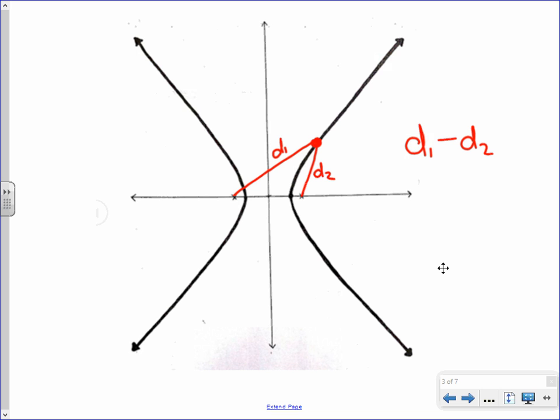You'll probably want to use centimeters. And find those two distances and subtract them.